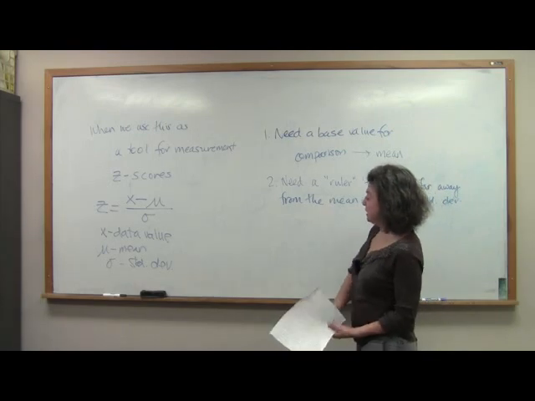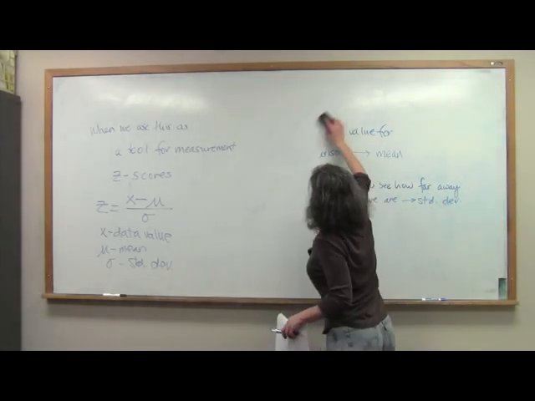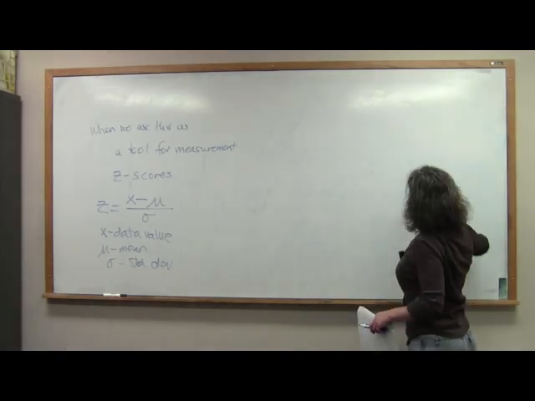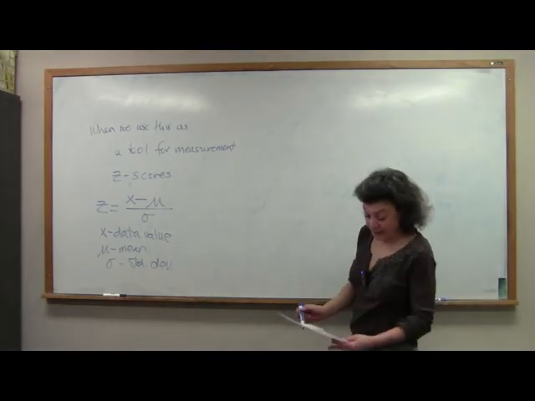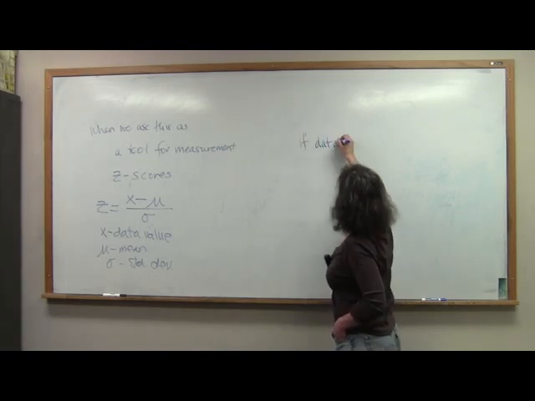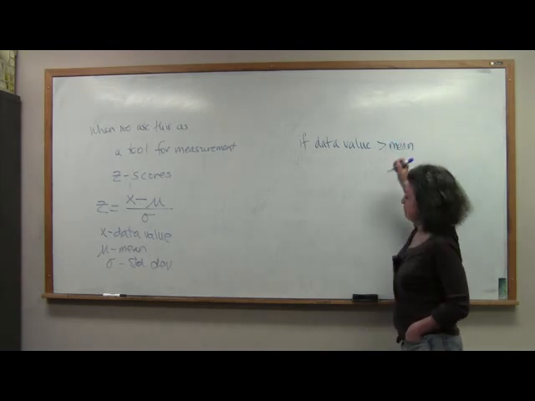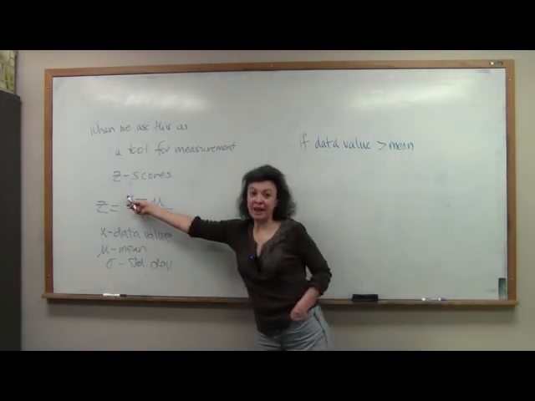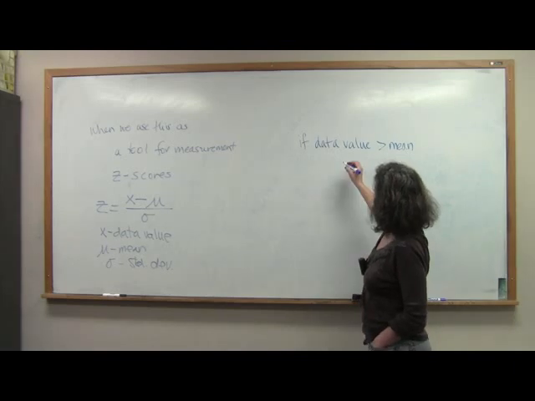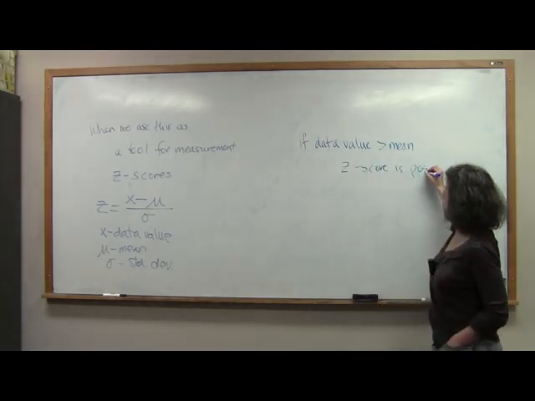Now, a couple comments to make about this. One thing I want to point out is if your data value is greater than the mean, so this x is bigger than mu, then your z-score is going to be positive.